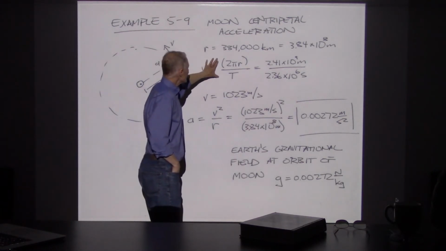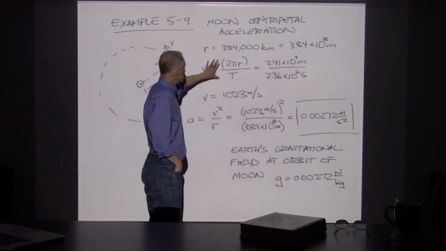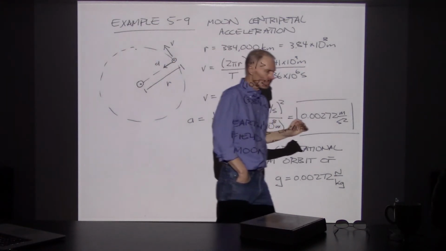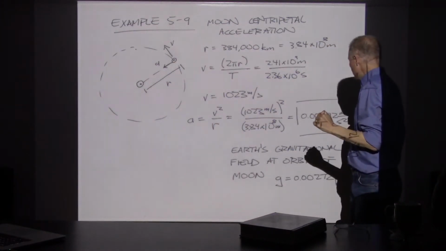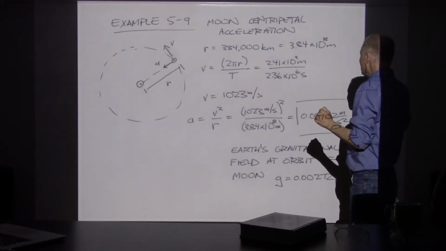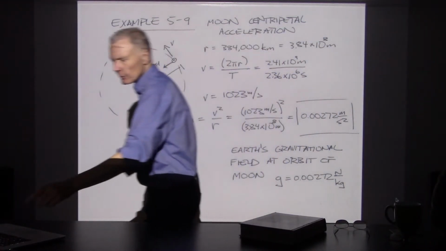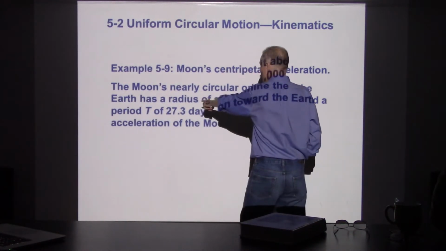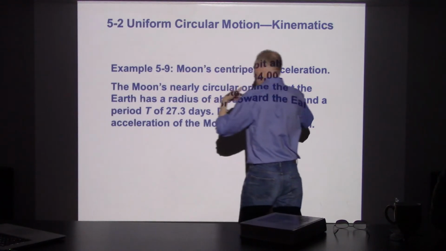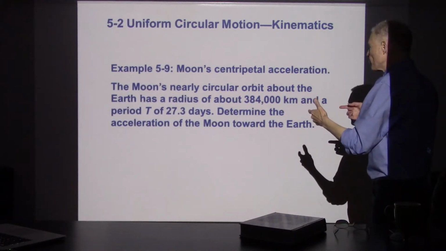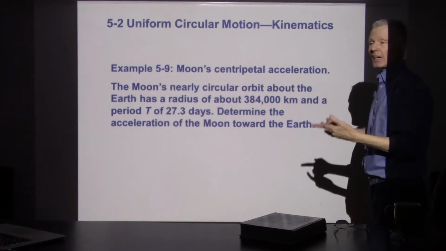Now we've used this formula a couple times, but we're coming back to it again. So 2πr divided by what we call the period. Now the period was given, let's go back. I just want to refer back to this. So the period here is 27.3 days. So I've got to multiply that by 24 to get hours, and multiply that by 3,600 to get seconds.